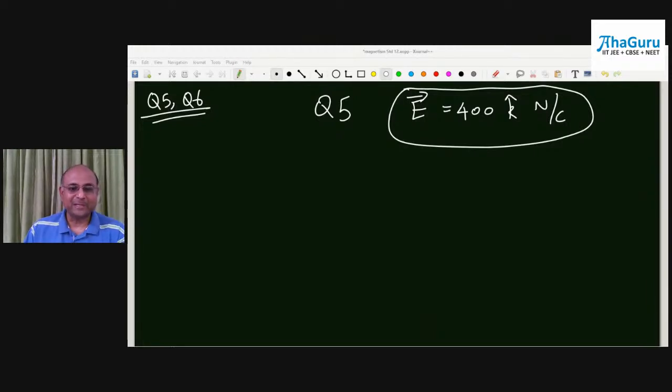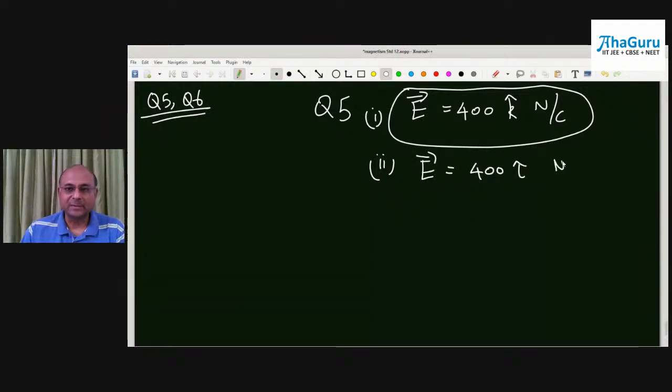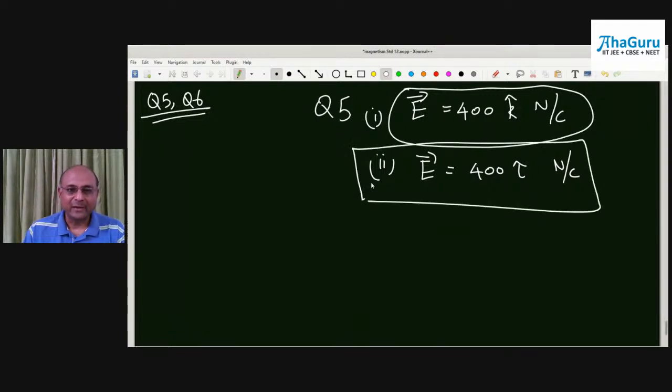Yeah, it could be k cap. There is no problem. So I would like you to do both. Part 1, do it for E being 400 k cap. Part 2, do it for E being 400 i cap. Both questions are reasonably simple. I had originally tried 400 i cap, but now do both. So part 1 for question 5 with 400 k cap, part 2 for 400 i cap.